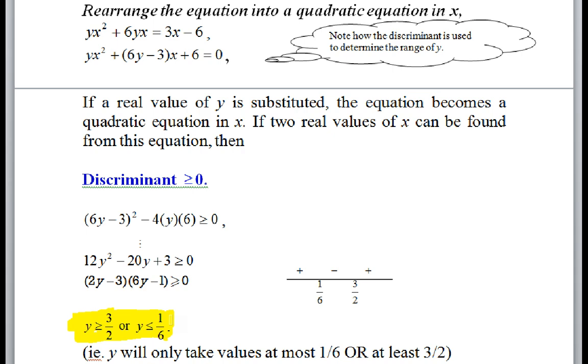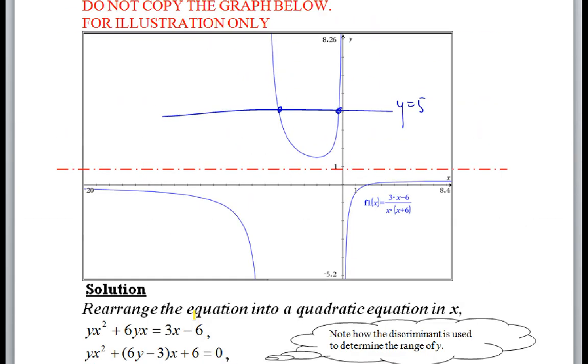In order for real solutions of x, y must be greater than or equal to 3/2 or smaller than or equal to 1/6. Let's go back to the graph again. That means y must be greater than 3/2 in order for me to cut the curve, or must be smaller than 1/6 in order for me to cut the curve.